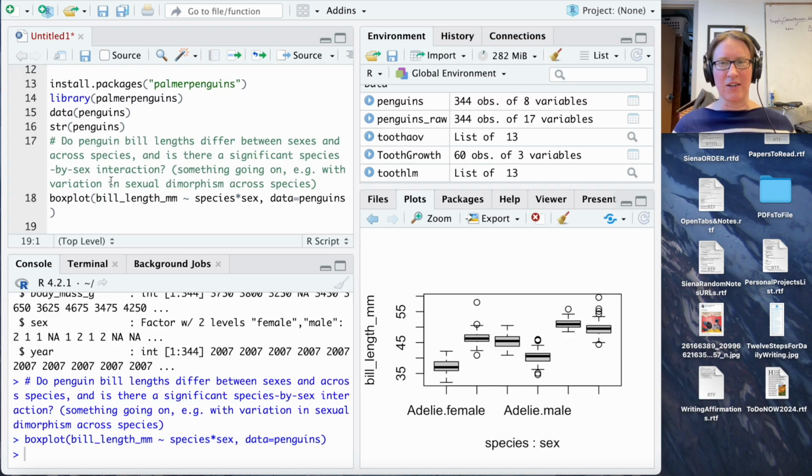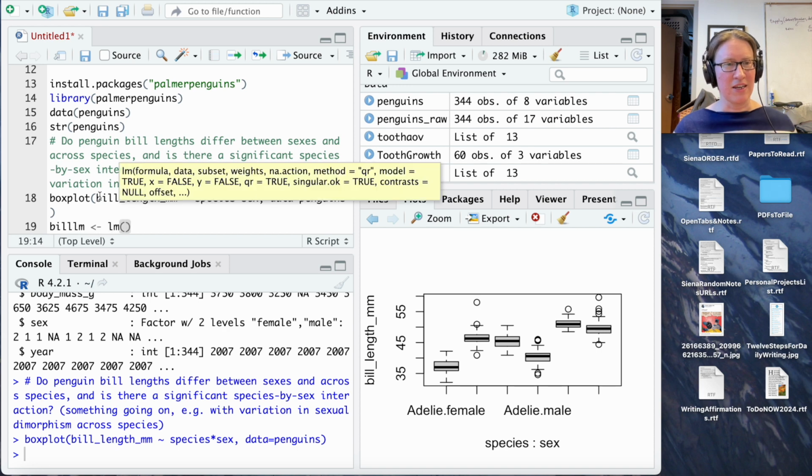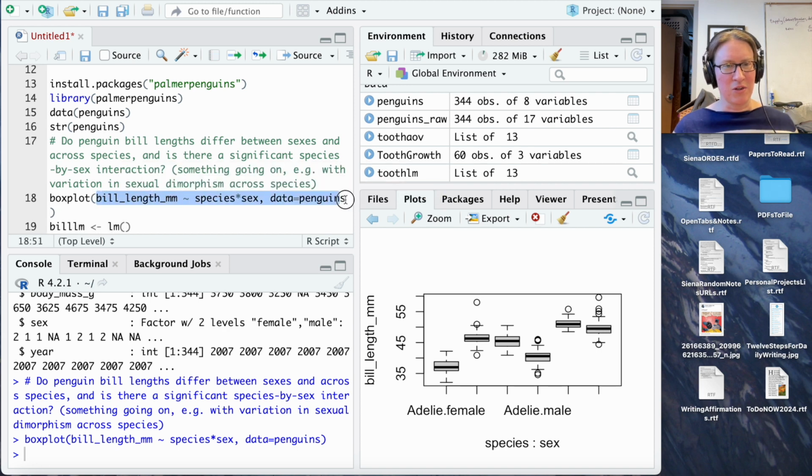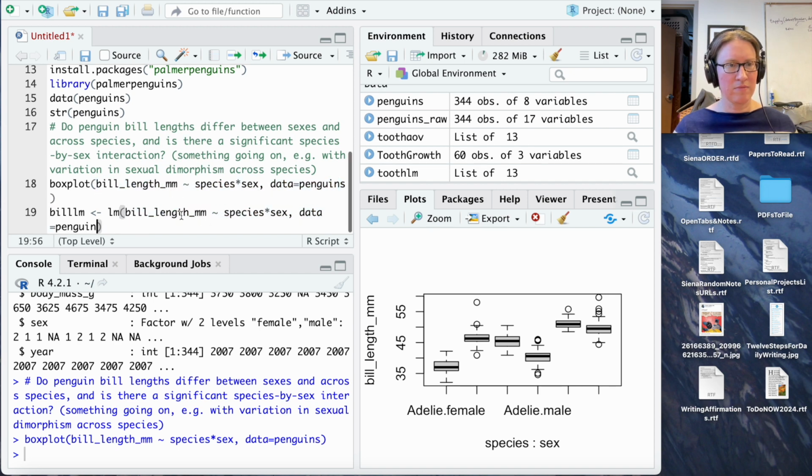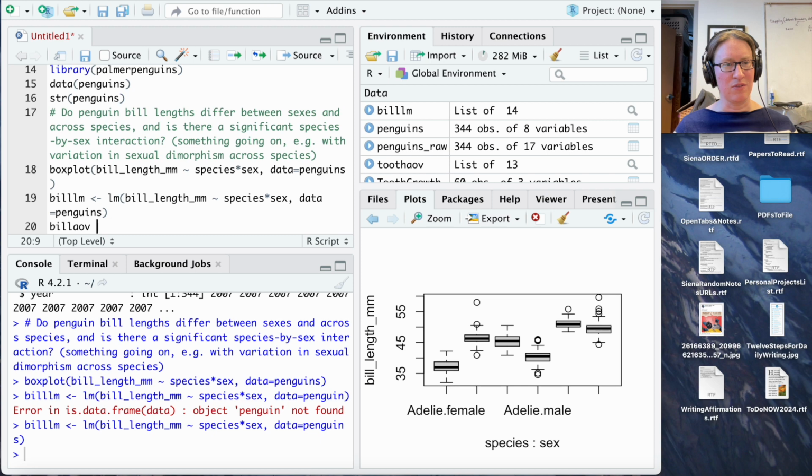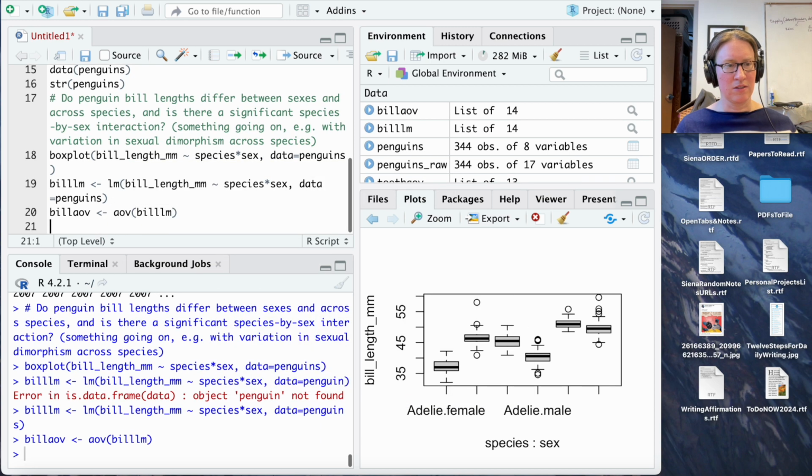So I'm just going to shortcut now to carrying out another one of those 2-way ANOVAs. So we'll say bill LM, and again, you can just use good old copy and paste. Then bill AOV. Okay, then summary.